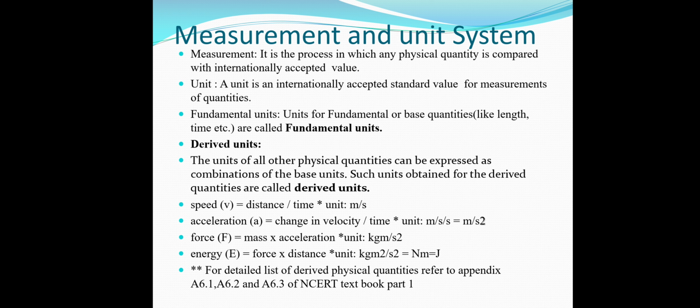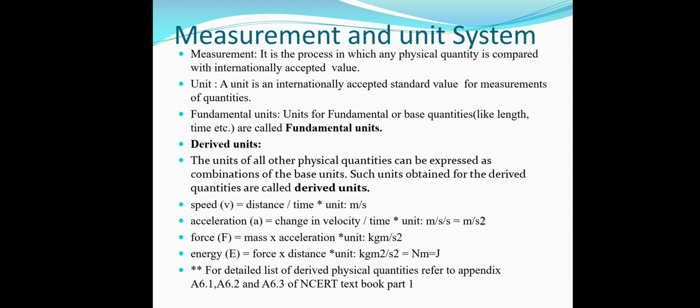Now derived units: the units of other physical quantities can be expressed as a combination of base units. Such units for derived quantities are called the derived units. Speed is denoted by v, distance upon time, unit is meter per second.